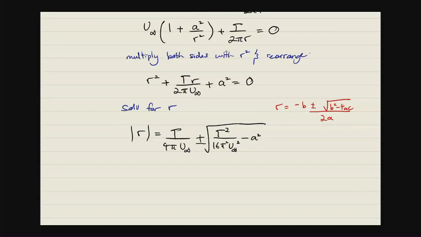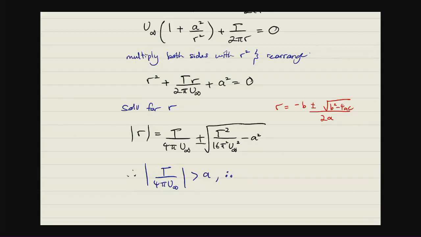And we only know that for r to be valid, this term here has to be positive. It can't be negative. You can't have a negative square root, or else you get an imaginary number. Therefore, gamma over 4 pi u infinity has to be larger than a.